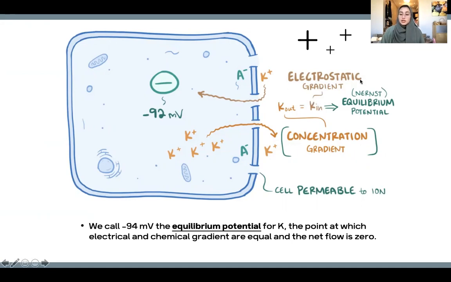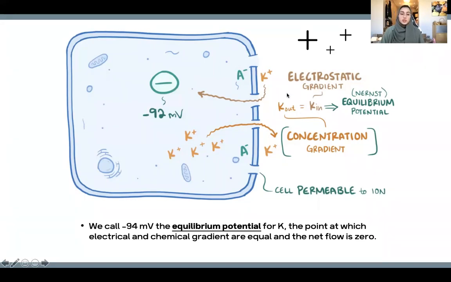When we look at the electrostatic gradient, this is looking at positive charges and negative charges. When you have two positive charges next to each other, they're going to repel, right? Opposites attract, so positive and negative attract, while positive and positive repel. So when you have a lot of buildup of positive charges outside the cell, and the inside of the cell is already more negative, potassium, which is a positive ion, K plus, is going to be drawn into the cell just because of the difference between positive and negative charges, even though the concentration gradient is pushing it outside.